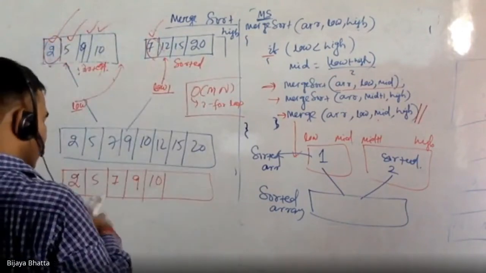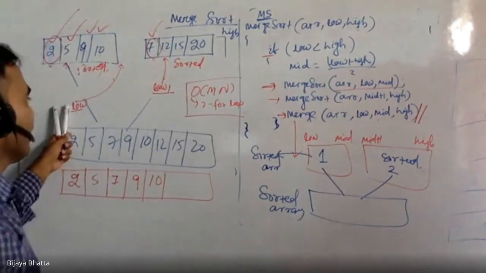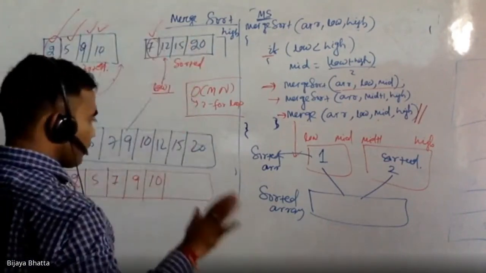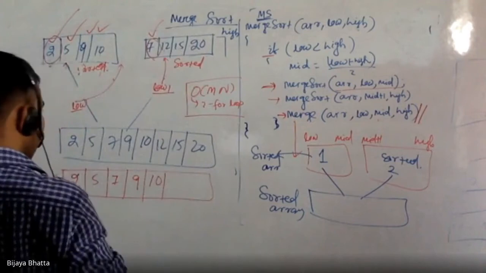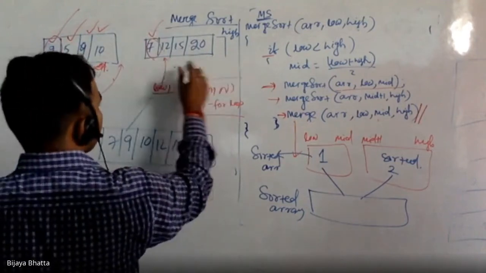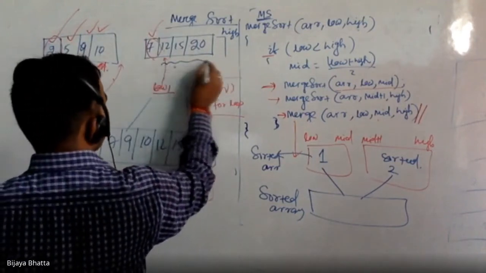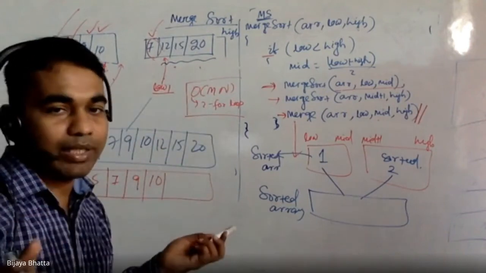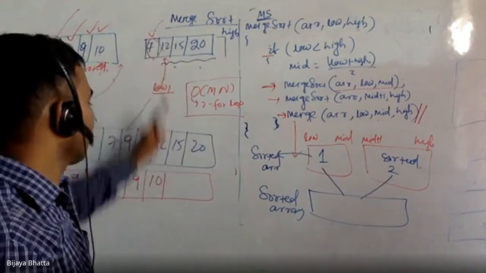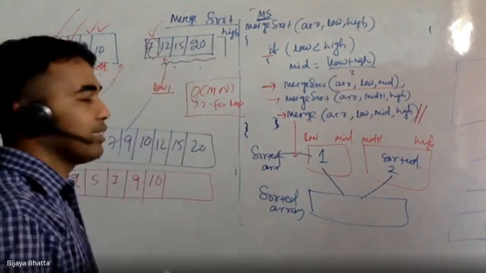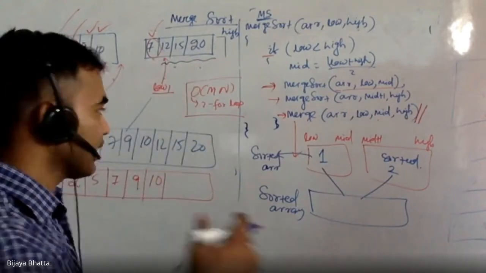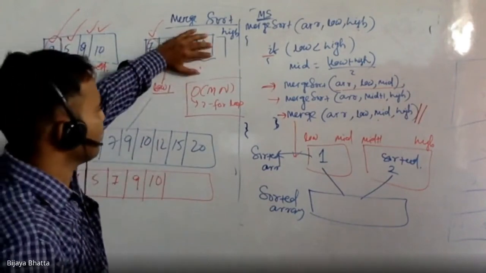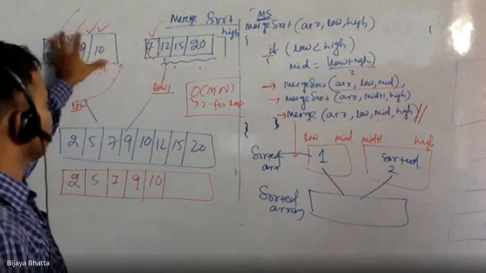So directly, if one of the subarrays, either this array or this array, is completed, then I'll copy all the other elements into this particular array one by one. I don't need to compare, just copy. Low, whatever the value, copy it, copy it, copy it. Because this is already in sorted form, and there is no element here because I copied all the elements.